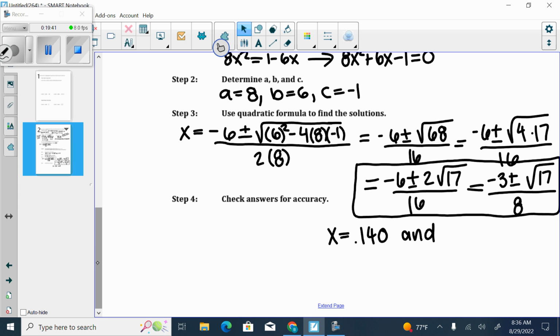Very good. All right. So these would be your answers if you were to check it in your calculator. Also, you could type your equation that you had up here into y equals, and then check the solutions, and they should match these numbers as well.